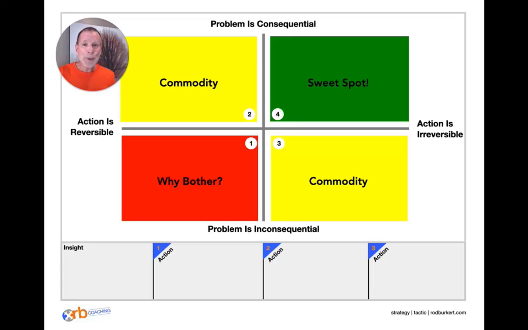In box 4, hey, you're in the sweet spot because the prospect's likely ROI is huge. For example, if you could show that your $20,000 solution will solve their $200,000 problem, well, why wouldn't a prospect hire you? You're providing a 10x ROI.